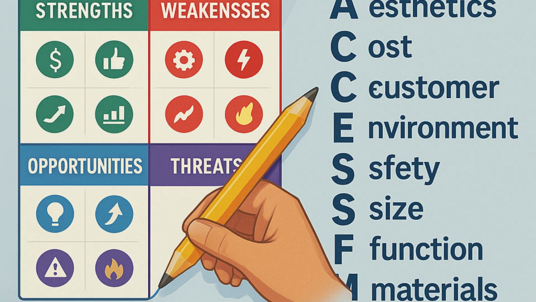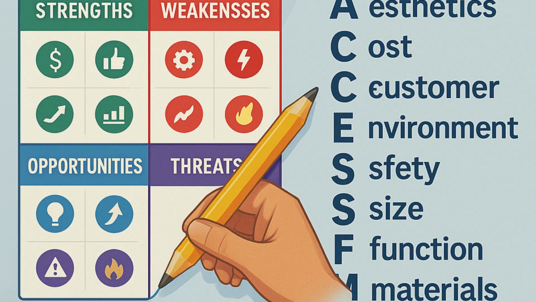Section 4, you compare the products. Now that you've analyzed each product individually, Strand 3 requires one more step. You must compare all the products you've analyzed. The comparison shows the examiner that you see patterns, you understand design thinking, you can evaluate which product is better and why.